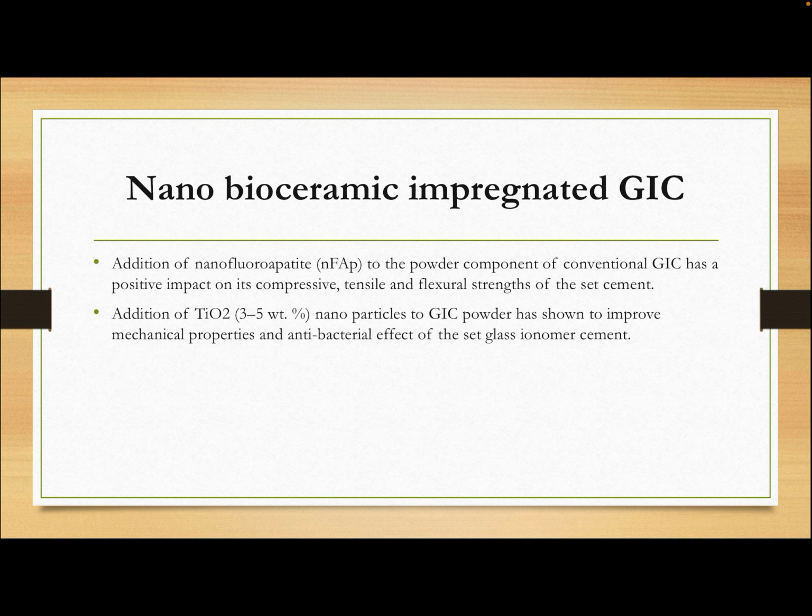Also, the addition of titanium oxide nanoparticles to the GIC powder has been shown to improve the mechanical properties and the antibacterial effects of the set glass ionomer cement. Doping conventional GIC with nano-sized glass particles can decrease the setting time.